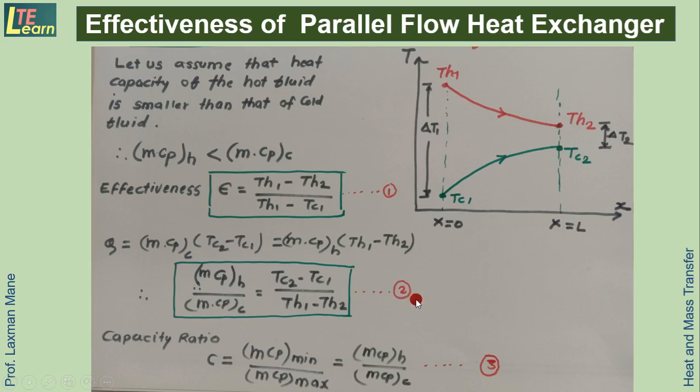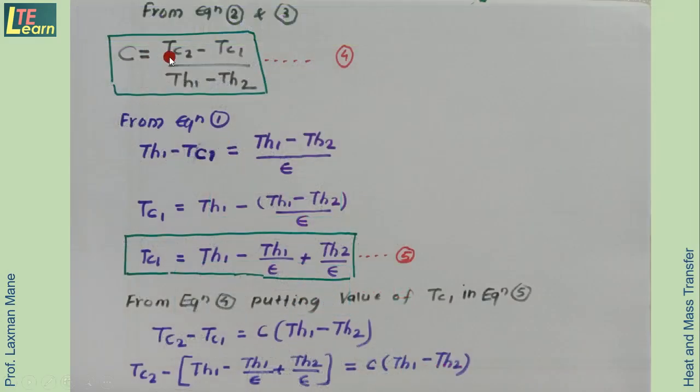So if you observe equations 2 and 3, you will see that the left side and the right side of the equation are the same. So we can equate now. C is equal to this. So C, the capacity ratio, we get the formula TC2 minus TC1 divided by TH1 minus TH2. Equation number 4.